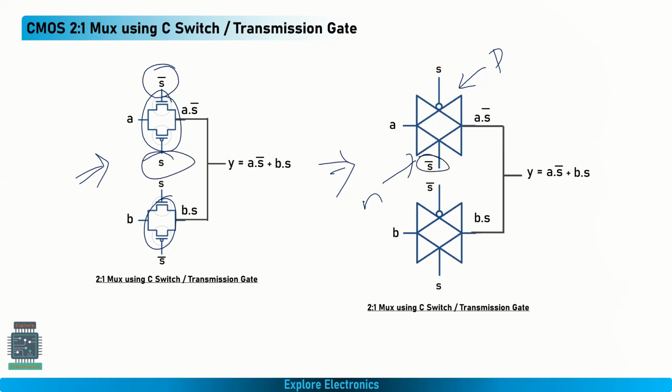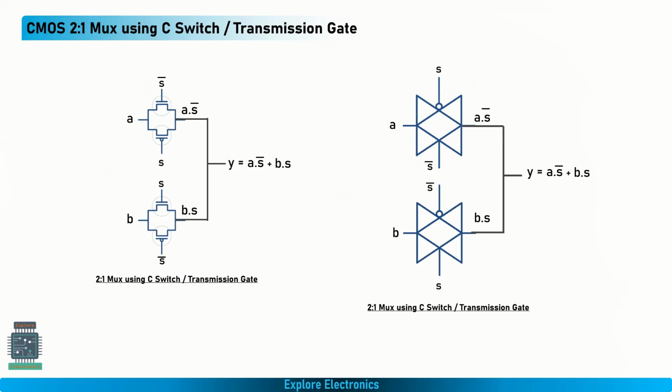For the P transistor we will be giving S. So here is S. Similarly, in the second transmission gate, here we have S bar for the P transistor. So this is S bar. For the N transistor we will be giving S. This is S. Correct? And since these two are S and S, we can connect them together and treat it as S. No problem. Here also we can connect these two together and treat it as S bar. No problem. These two are the same, but we are just representing with a symbol.